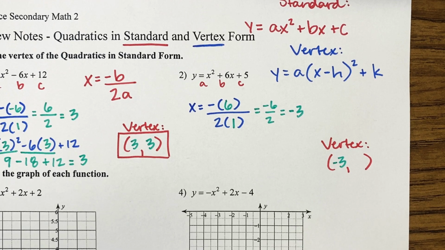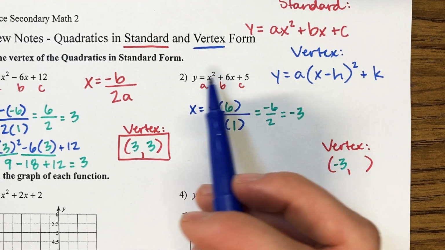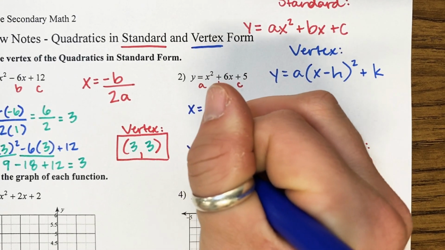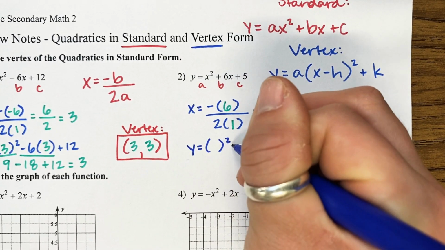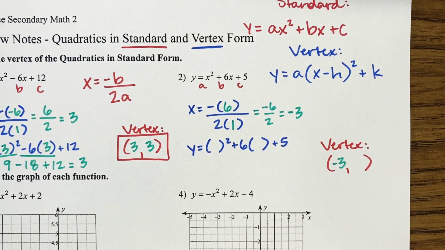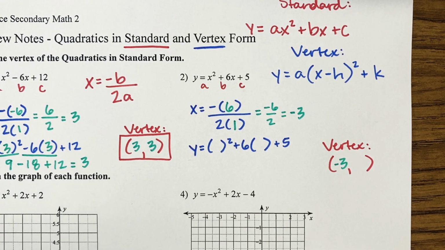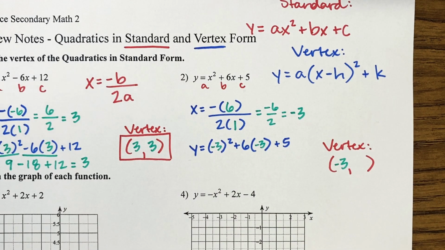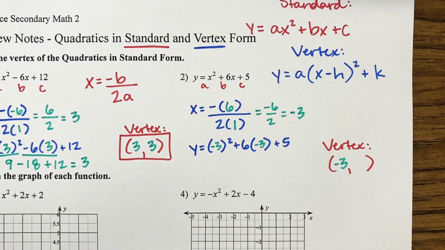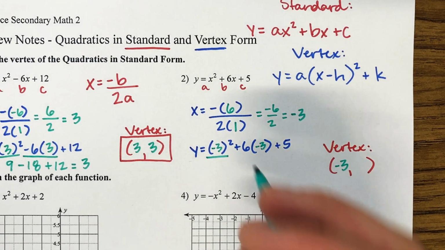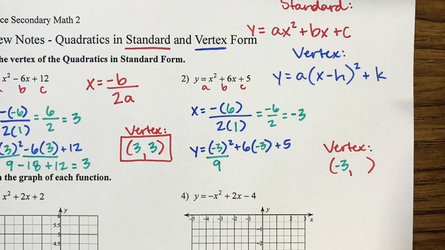Beautiful. Now let's plug that negative 3 into our original quadratic equation to solve for y. So y equals x squared plus 6 times x plus 5. Everywhere that x spot was, I'm going to plug in negative 3. Now I can go ahead and solve. Negative 3 squared, or negative 3 times negative 3, still gives me positive 9.